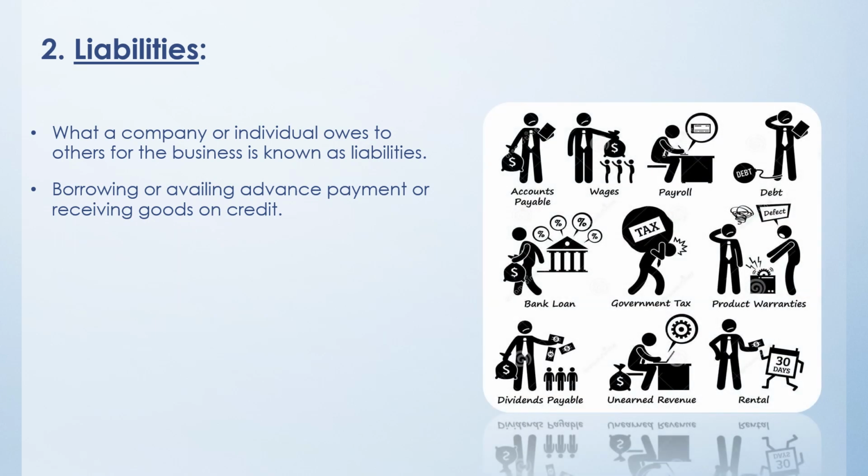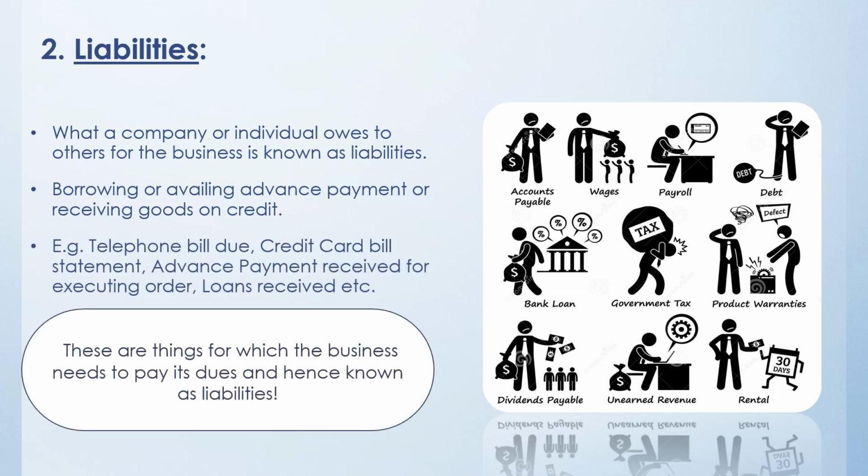These are the things for which the business needs to pay its due and hence known as liabilities. For example, telephone bill due, credit card bill statement, electricity bill due, advance payment received for executing order, loan received, raw material received without payment are all the examples of liabilities.